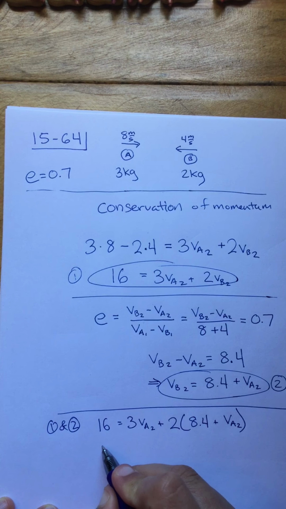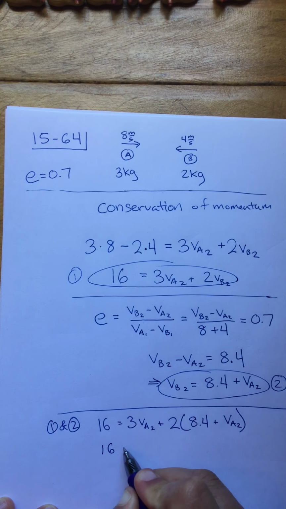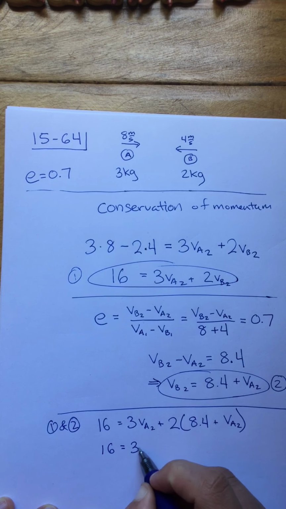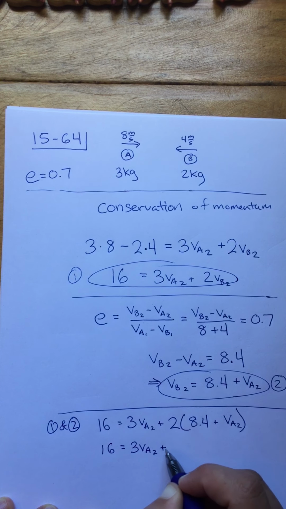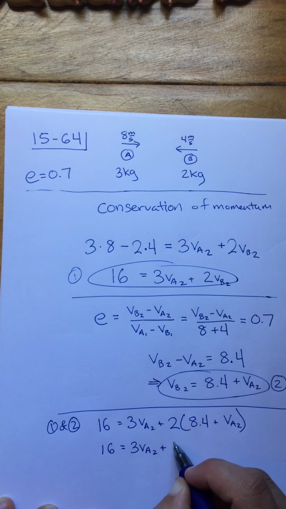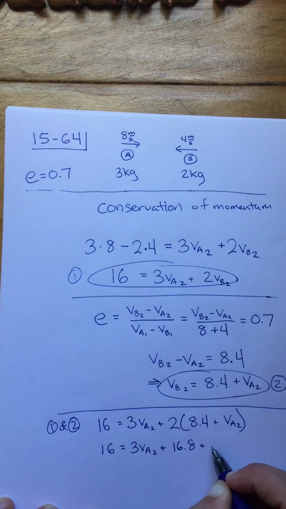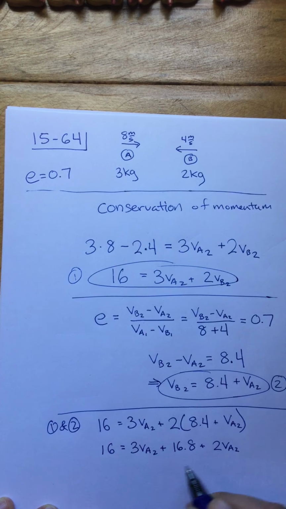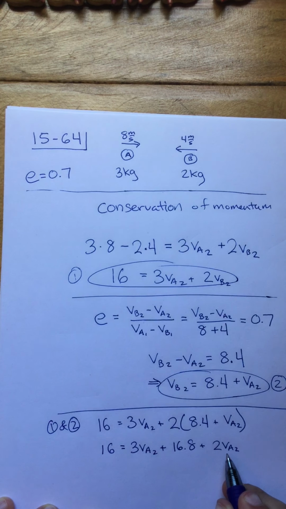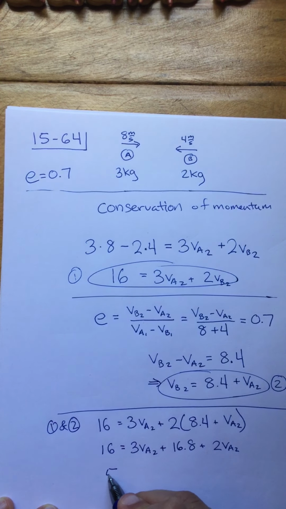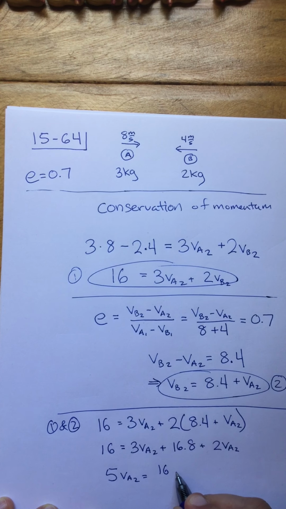So now I have 16 is equal to 3 times VA2 plus 2 times 8.4 is 16.8 plus 2 times VA2. 3 times VA2 plus 2 times VA2 gives me 5 VA2, so I have 5 VA2 is equal to 16 minus 16.8 if I bring the 16.8 over to the other side.